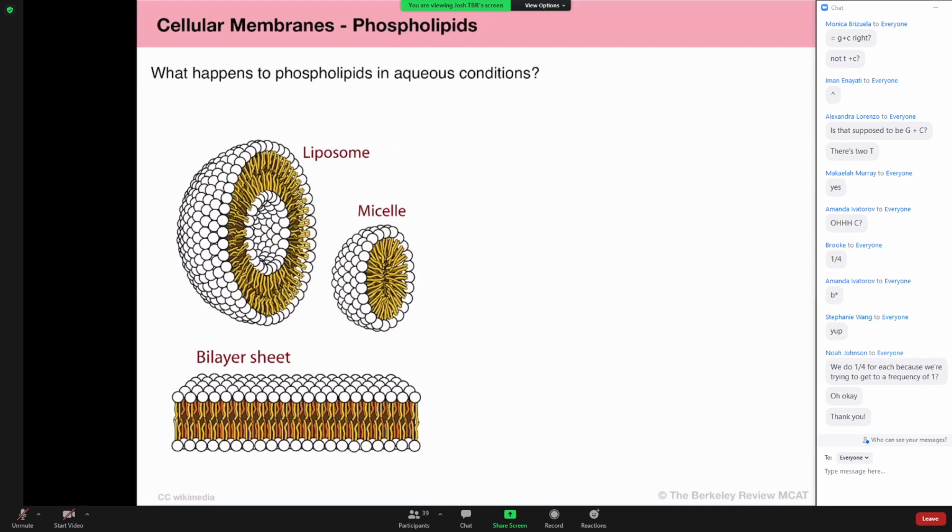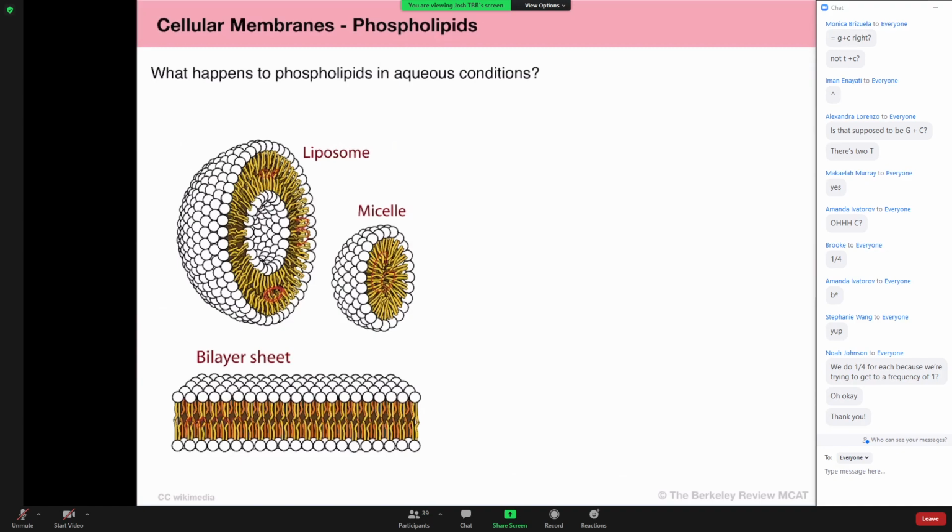It'll lead to these things called liposomes and micelles. If you put these phospholipids in an aqueous solution, they spontaneously aggregate to sequester the nonpolar tails. So they're either going to form a micelle or a liposome, and in the case of a cell, it forms this bilayer sheet.